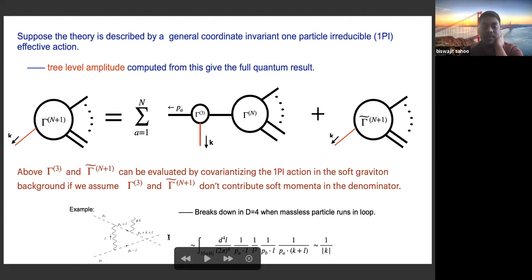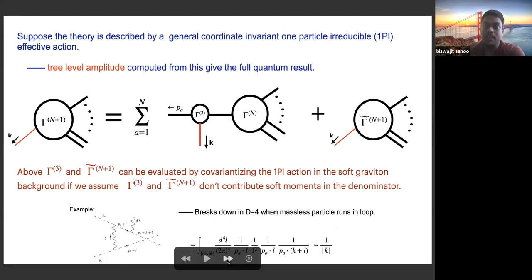Consider phi 4 theory with scalars coupled to gravity, and one graviton running in the loop with momentum L. When the loop momentum is of the order of the external graviton momentum k, it turns out that this 5-point amputated Green's function can contribute 1 over k. So this assumption is not valid in d equal to 4. That is why this prescription cannot be generalized to d equal to 4 for loop amplitudes.